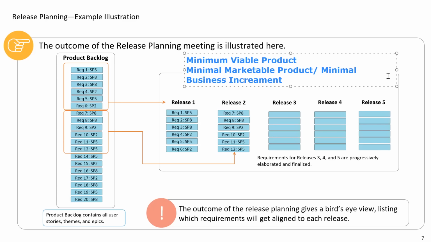When the initial versions of these products were launched in the market, was it the same as today? No. Paytm was launched with bare minimum features. So the minimum product that you launch in the market, the earliest version that is released to the market, that is the minimal marketable product.